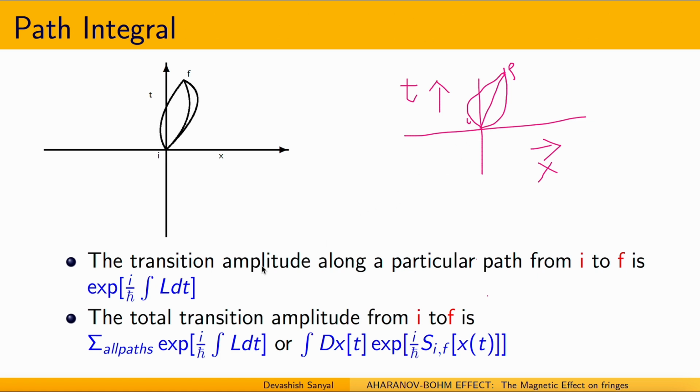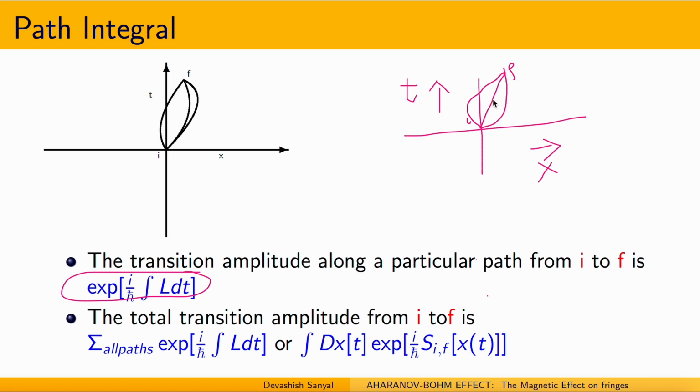The transition amplitude is given by the exponential of i/ħ times the integral of L dt, calculated along the path being considered. But the particle actually is going from this point to this point using all the paths.